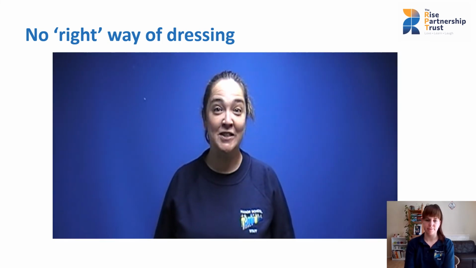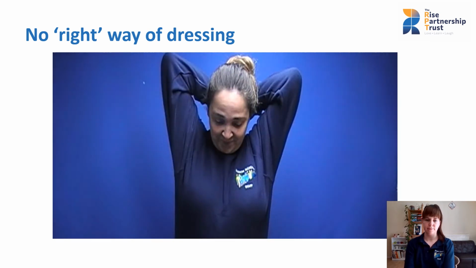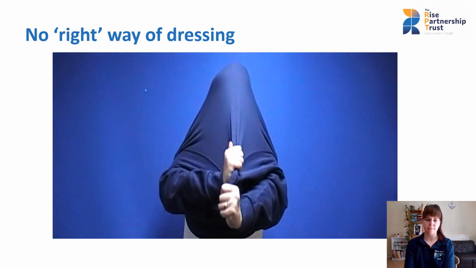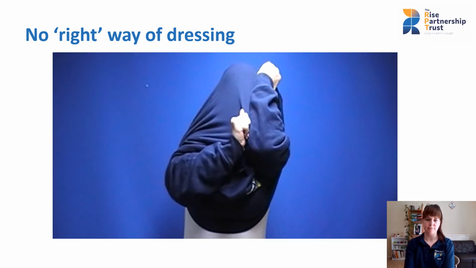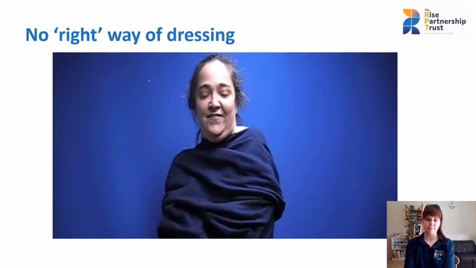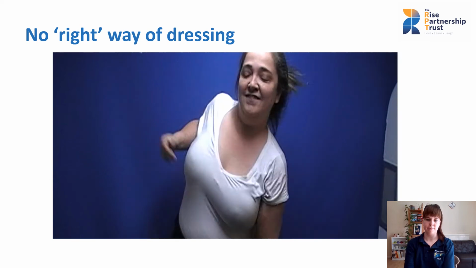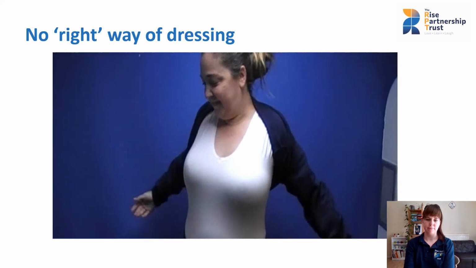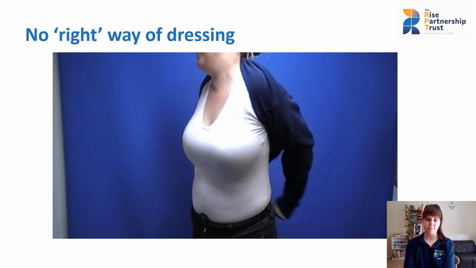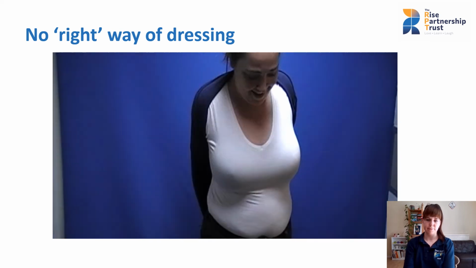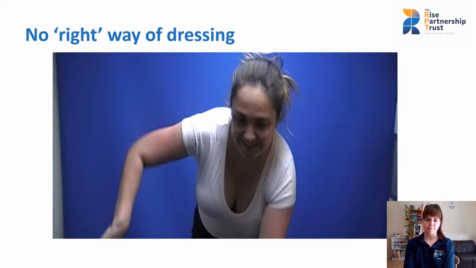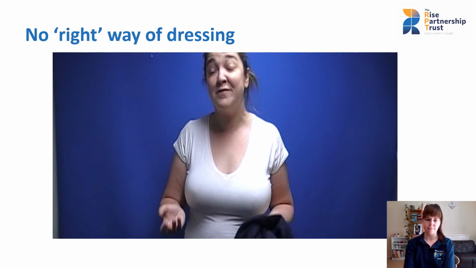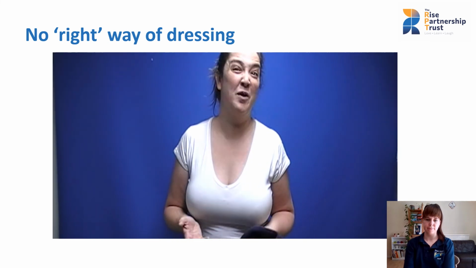Here are some ways the child may try to take off their jumper. So as you can see, these ways of taking off a jumper can make it more difficult for the child to succeed within this task and make it more effortful for them.